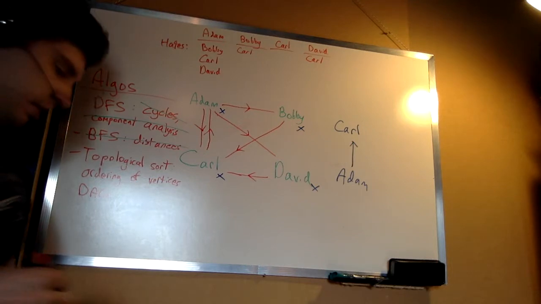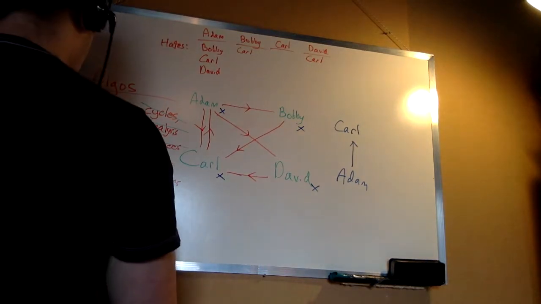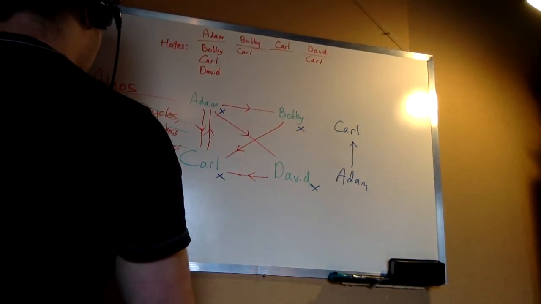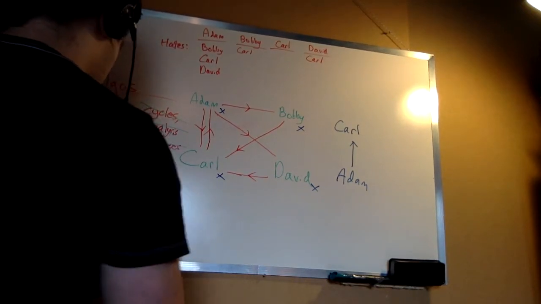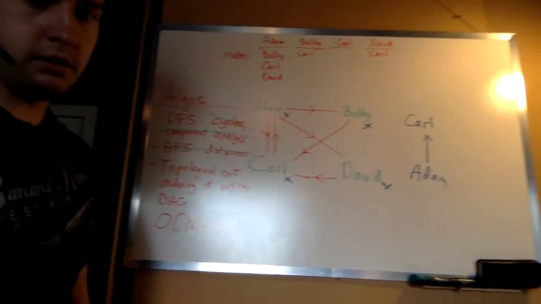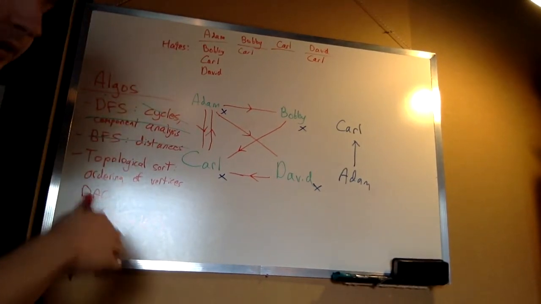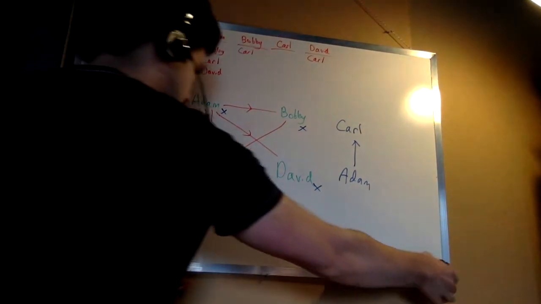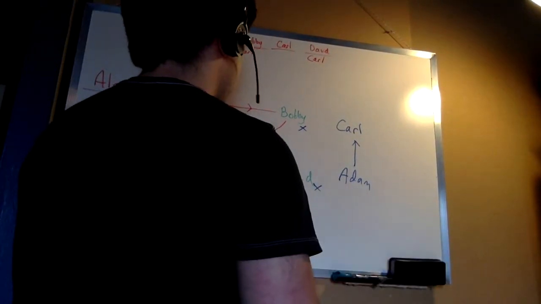Now, last thing, well, second last thing, is what is the runtime of this? Well, topological sort is O of V plus E. Well, that's not readable, so I'll write it over here instead.